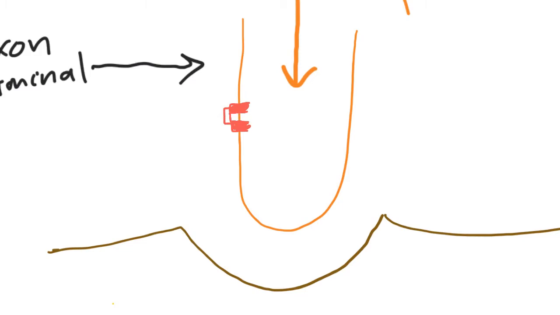Okay, so the signal comes down the axon terminal, and what we have here is a voltage regulated calcium channel. And when the signal reaches the channel, it opens, it swings open here.